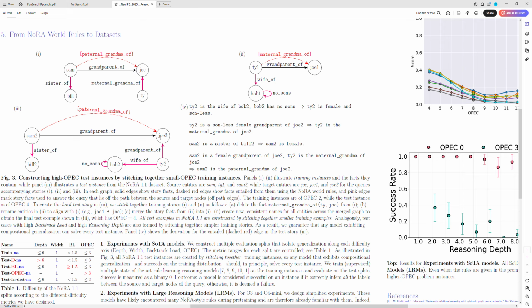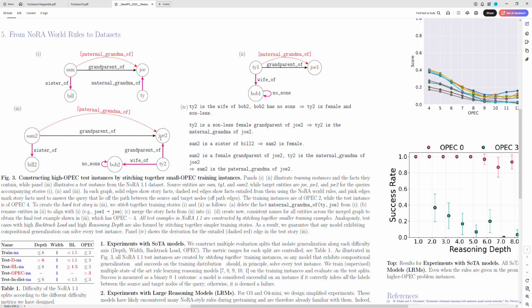So that's a benefit of gluing together small problems. When you glue together small problems with small OPEC, you get problems with a much larger OPEC. And that's how we construct the test instances from the training instances. So this allows us to have test instances with very high OPEC.